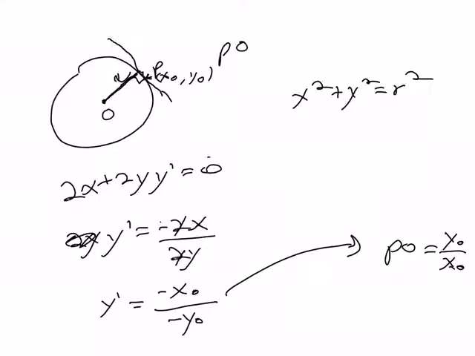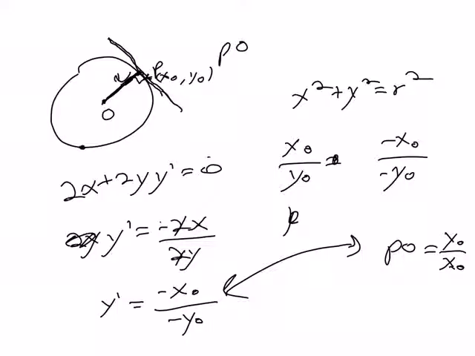And so this is the negative reciprocal of y0 over x0, and we know that if a slope is the negative reciprocal of the other, the two lines are perpendicular. So this is why, for any point, this line and the line tangent to that point are perpendicular, right? For this point, I have this line and that line are perpendicular, if I drew it correctly, which I did not.